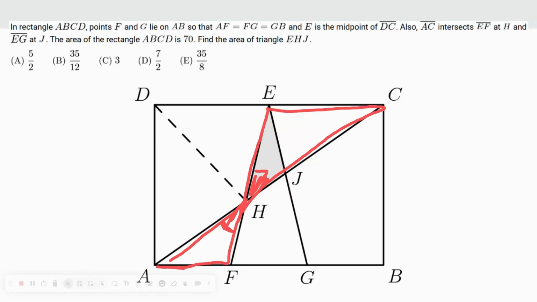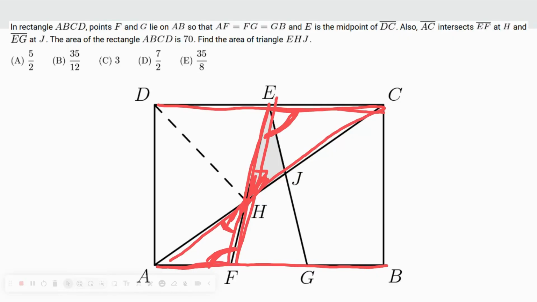Then, looking this way, we have parallel lines AB and CD of this rectangle, and we have the transversal EF. Therefore, we have alternate interior angles, so these two angles are congruent also. So now we have two pairs of congruent angles corresponding in two different triangles, so we can say that these two triangles are similar.